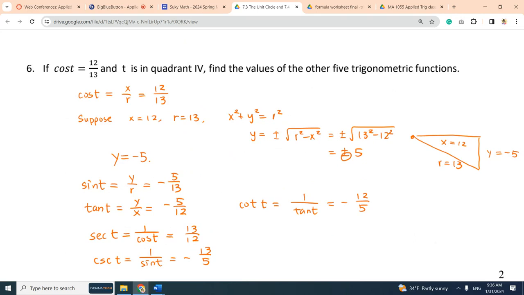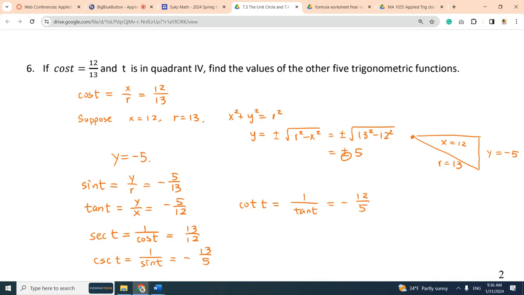And the Pythagorean theorem, x squared plus y squared equals r squared. We want to find y. So move the x squared to the right and then take square root. Whenever you take square root, you get plus or minus. Do you all get plus or minus 5?